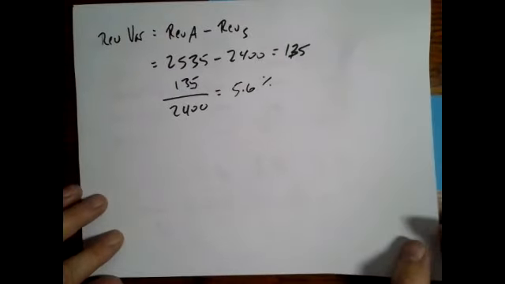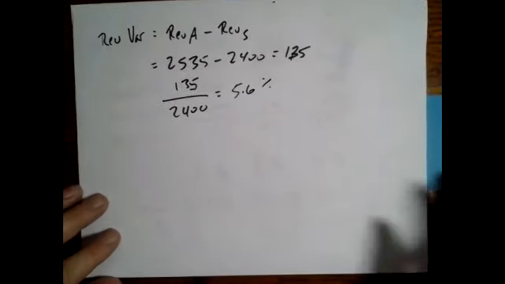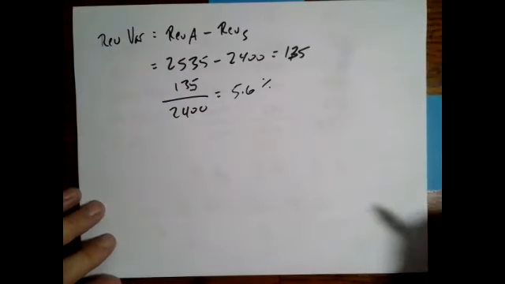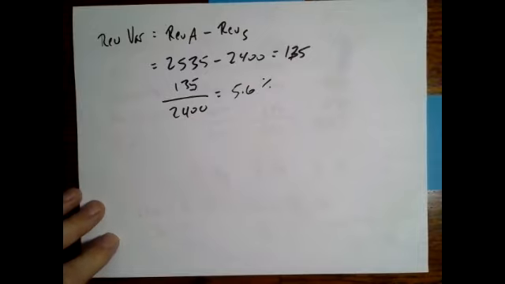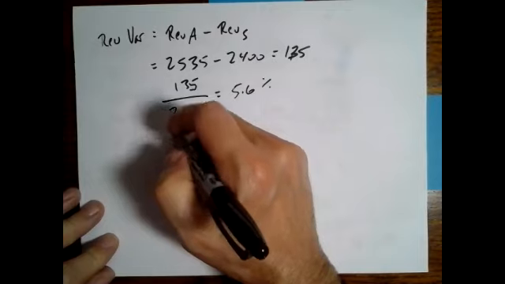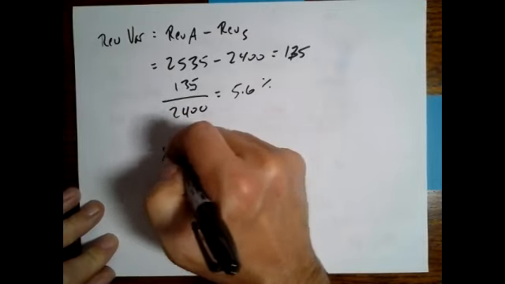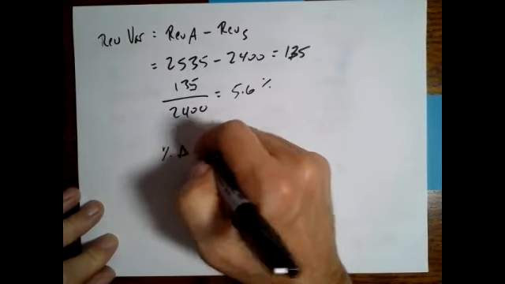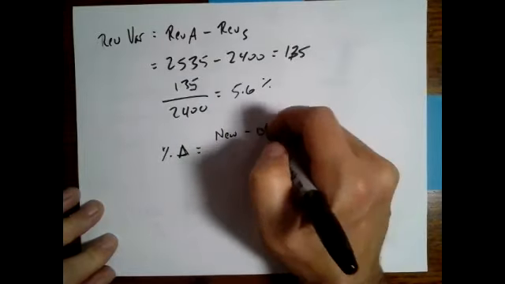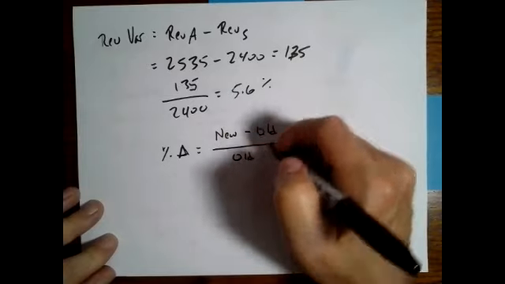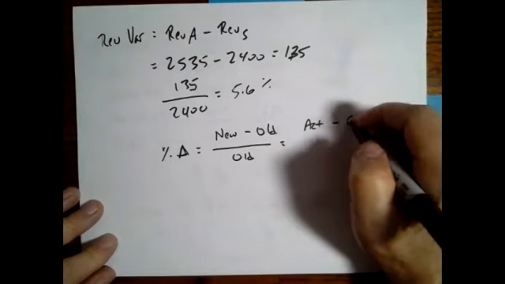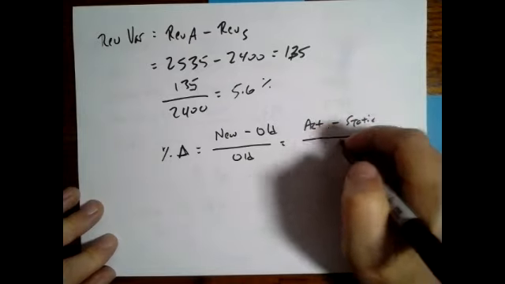Now, when I do percent change, and in this case I'm interested in relative to what I expected, the way I tell my students to calculate percent change, the triangle stands for delta or change, I take new minus old over old, which in this case would be actual minus static over static.